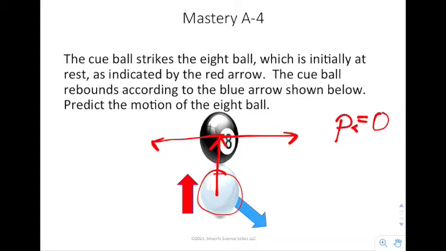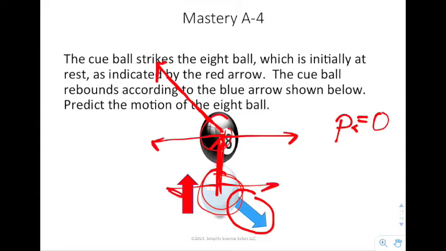The 8 ball doesn't have any momentum at all, but the cue ball has momentum in this vertical direction. Now when it rebounds this way, it's kind of kicking the cue ball to the right. So you can imagine that this is the direction that the 8 ball is going to go, because together the cue ball and the 8 ball have to cancel the right left directions out.